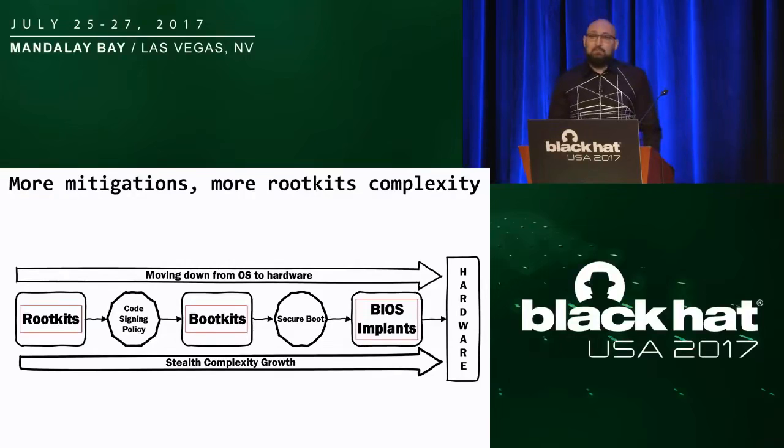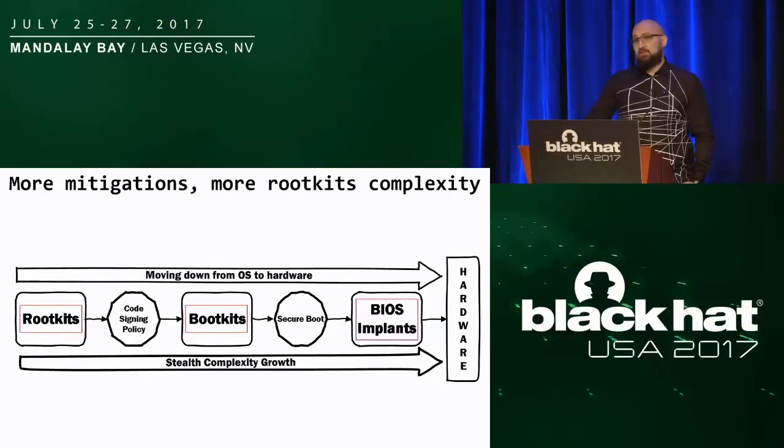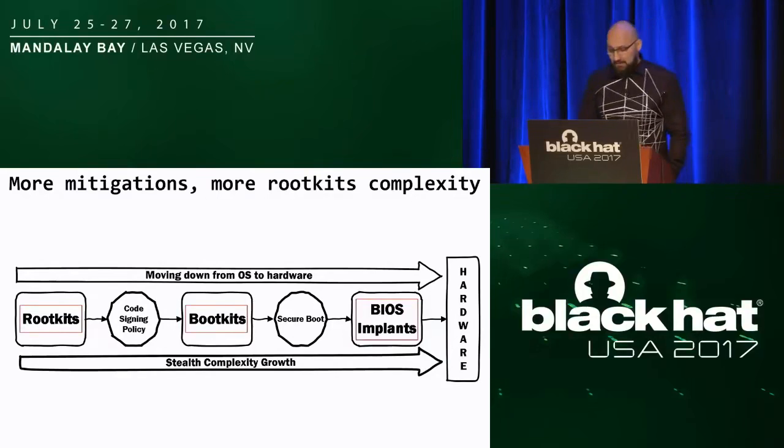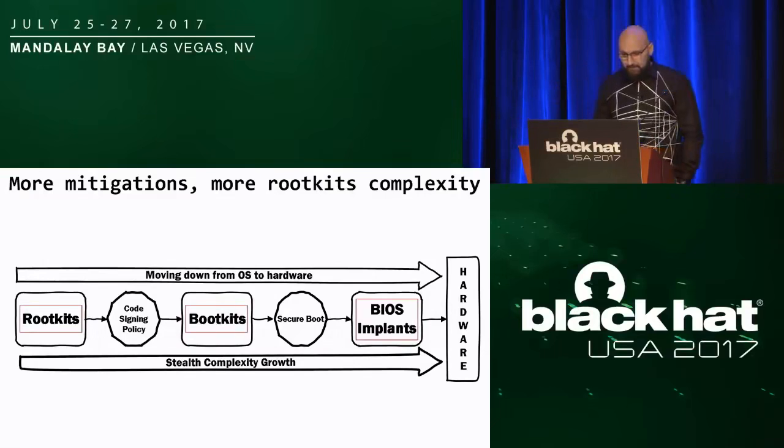After the signing policies, bootkits became more common. After that, when Secure Boot appeared, BIOS implants can be the most interesting way for the evolution of rootkits. As we can see, all the rootkits are now closer and closer to the hardware. And of course, complexity is growing too.